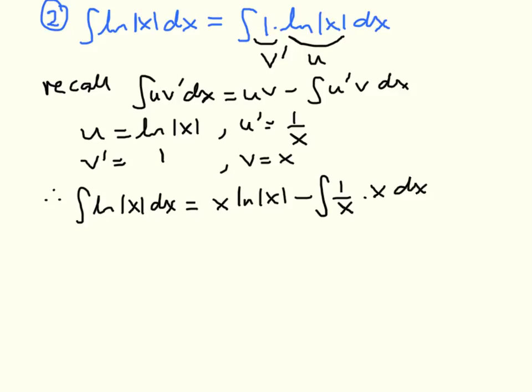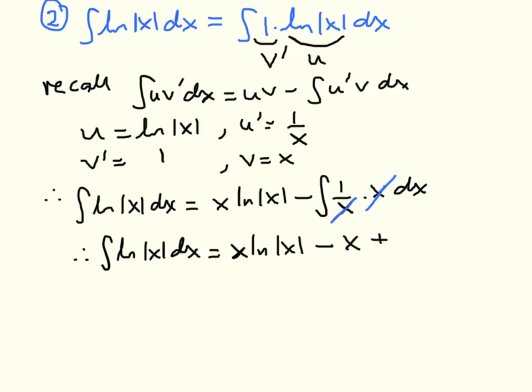integrated with respect to x. And now we see the cancellation that the x on the bottom and the x on the top cancel, so we are left with the integral of 1, and that is just going to be x. So we obtain that the integral of the logarithm of x with respect to x is x log x minus the integral of 1, which is x, and then there's some unknown integration constant.